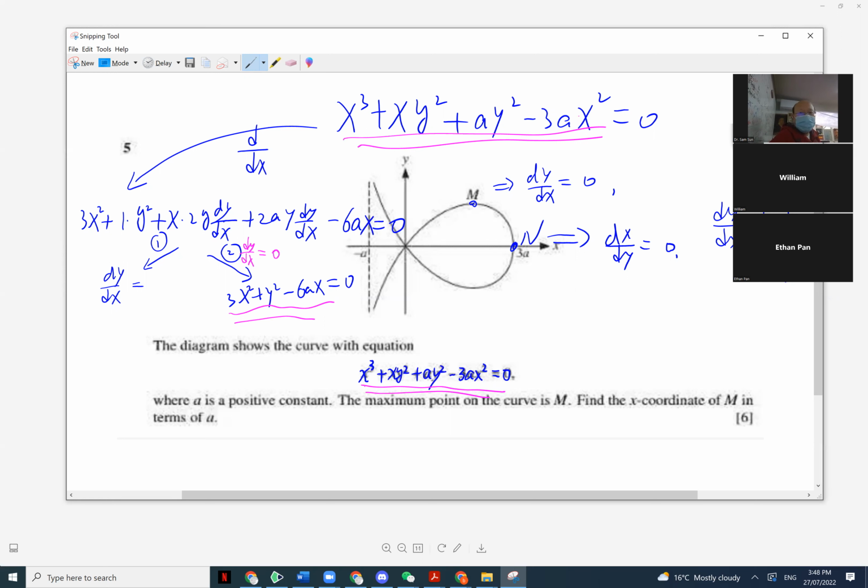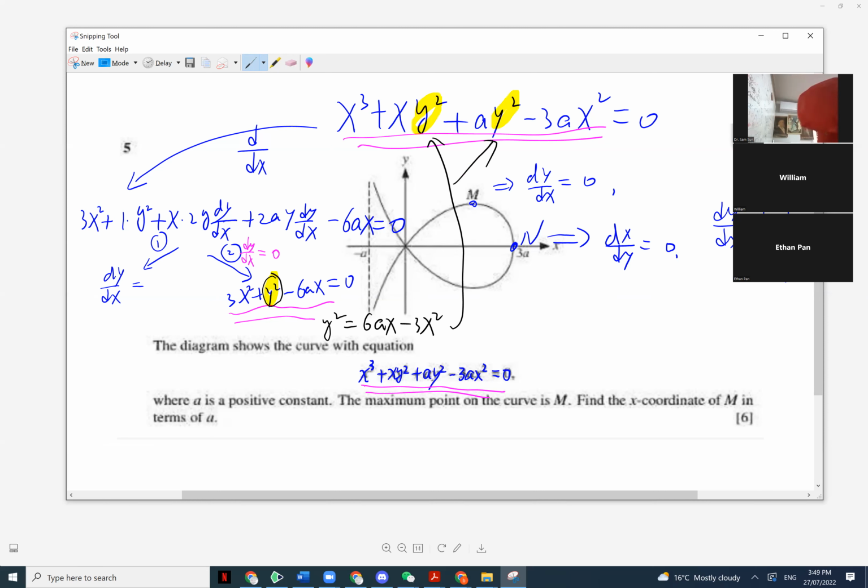We can observe we have y squared here, y squared here, y squared here. You can make y squared the subject and sum.